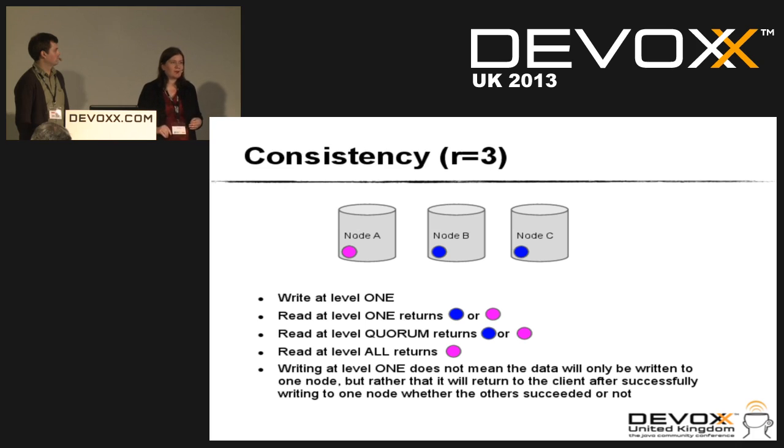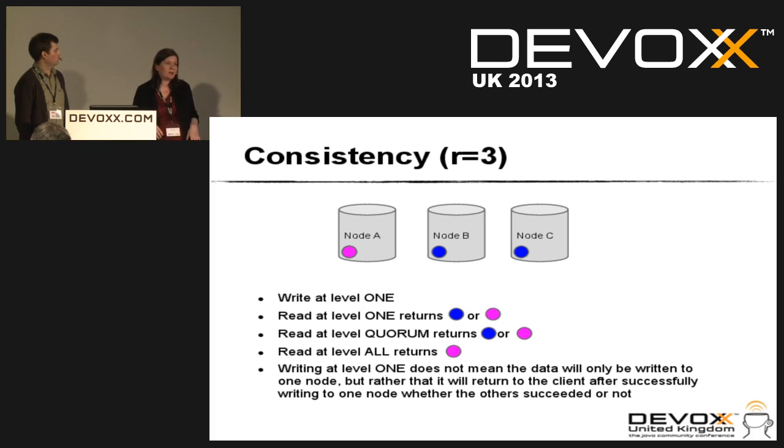Node A successfully receives the data and returns yay to the coordinator node. The coordinator node will return to the client saying, okay, write was successful. But it's possible that node B and C didn't receive that data. So in the worst case scenario, you might only have one node with the new data on it.